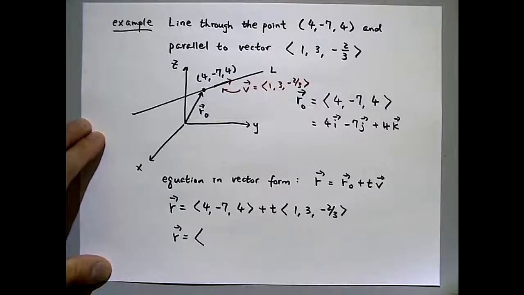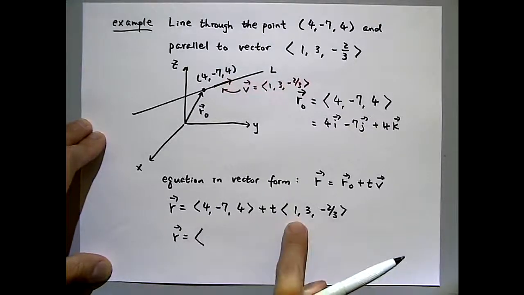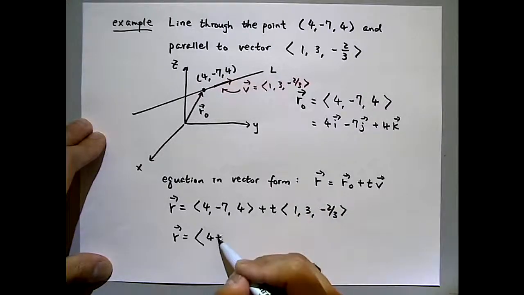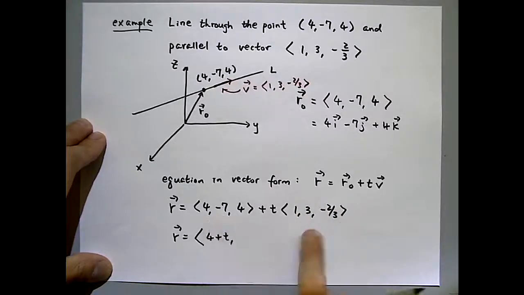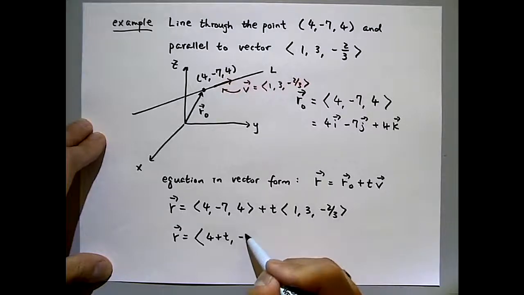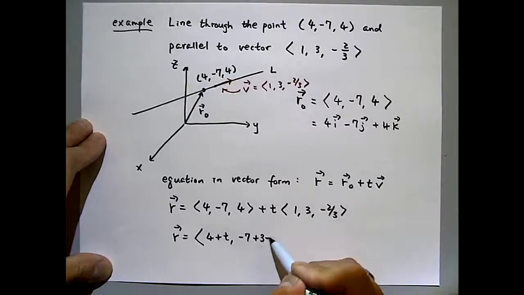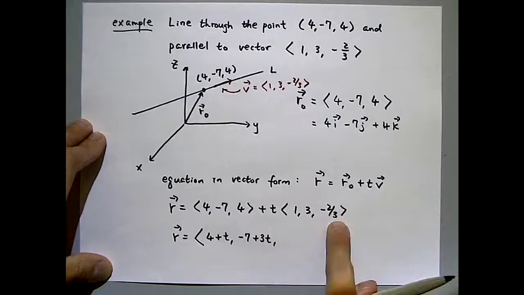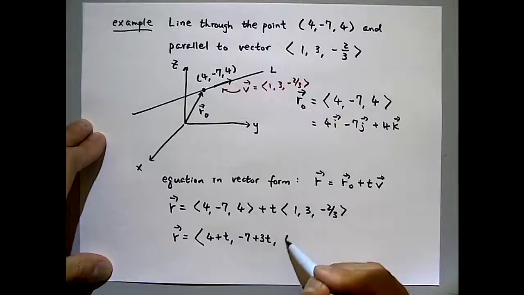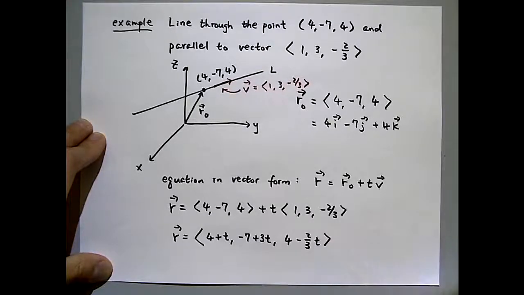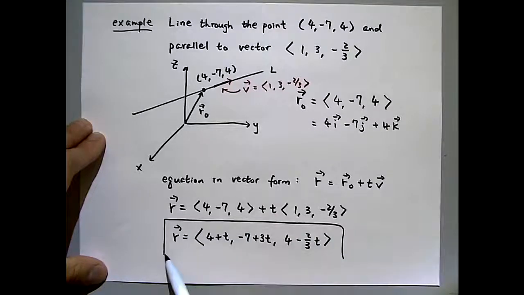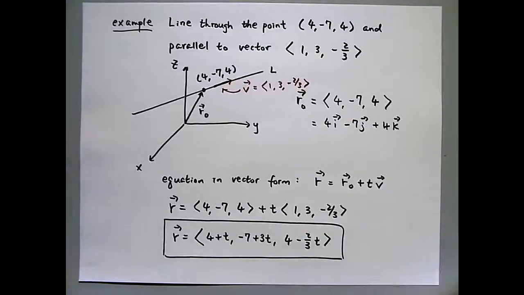And most of the time you want to put these two vectors together. 4 plus 1t in the first component, minus 7 plus 3t in the second component, 4 plus minus 2 over 3t in the last one. All right, so there's our vector form of that equation of a line.